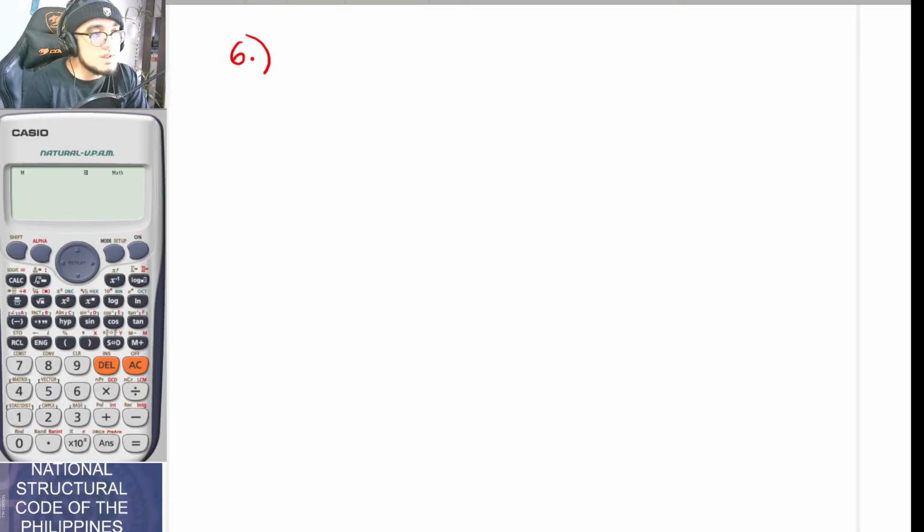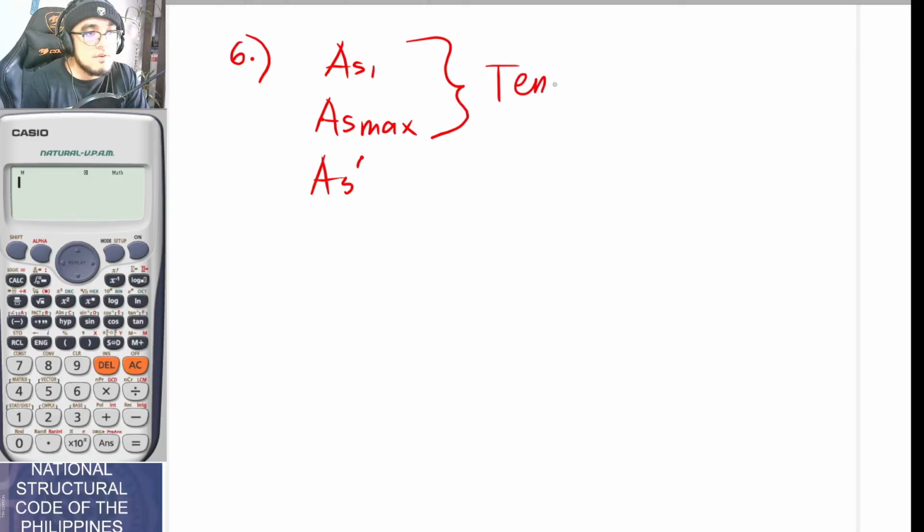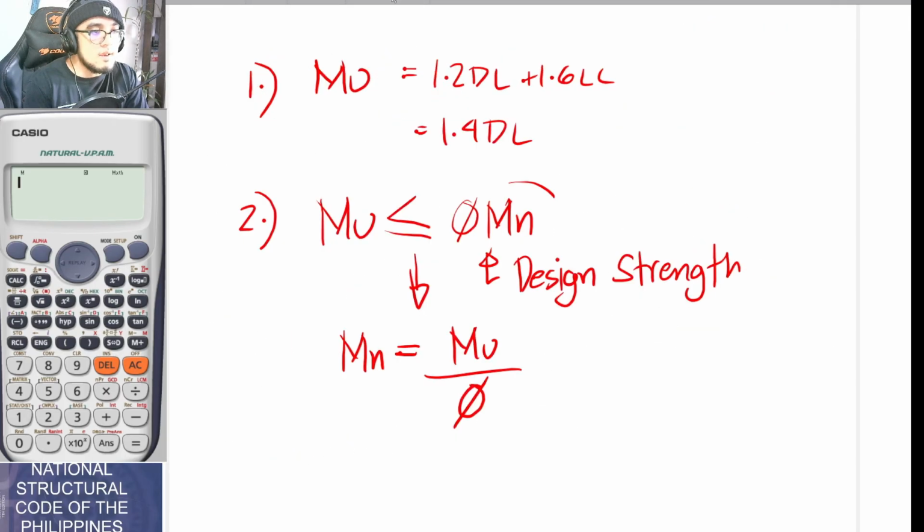Okay, so the next step is, of course, the detailing already. Number 6, the detailing. We already have the values for your As1, As max, and As prime. Both of these are for your tension reinforcement, and this is for your compression reinforcement. So, I would just be copying our figure once again here.